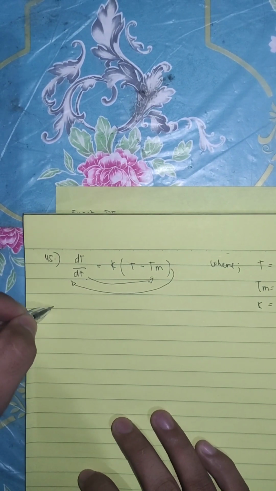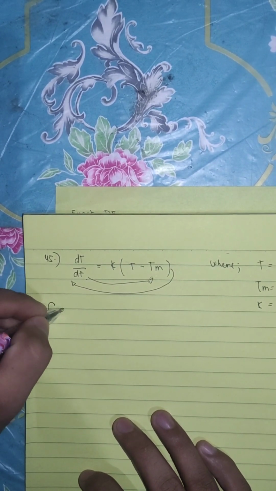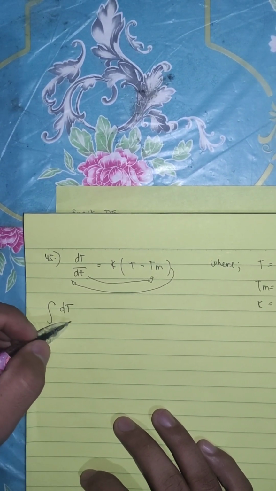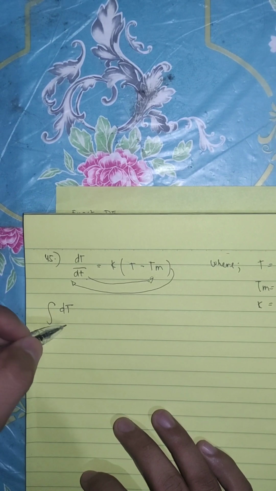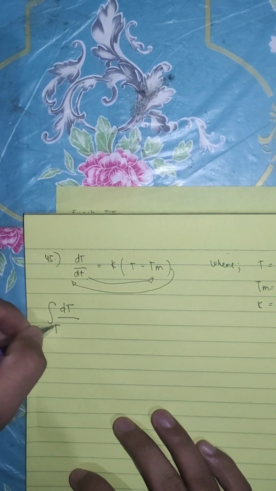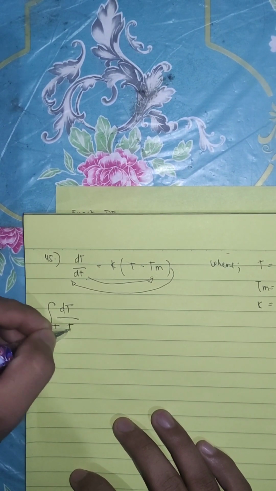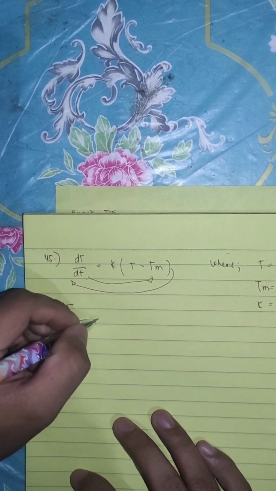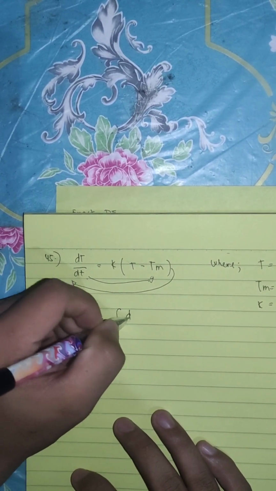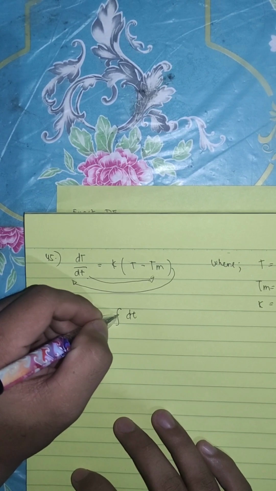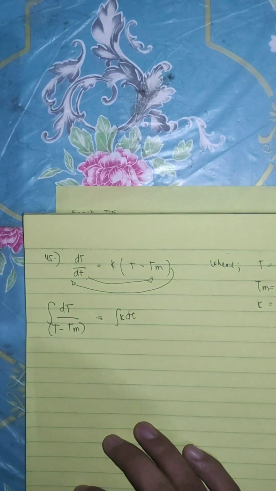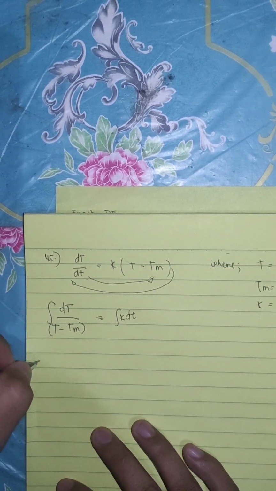So it is the integral of dT over T minus Tm, which is the body temperature or system temperature, equals the integral of dt in terms of k.